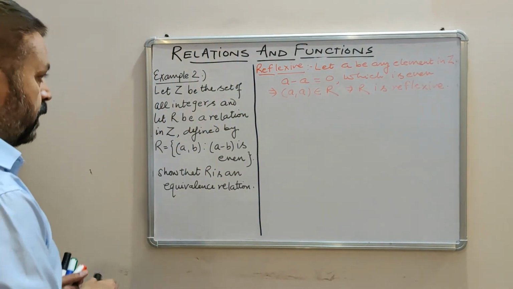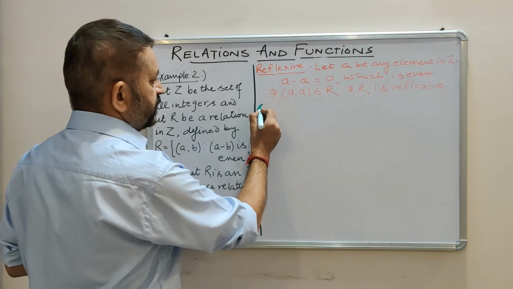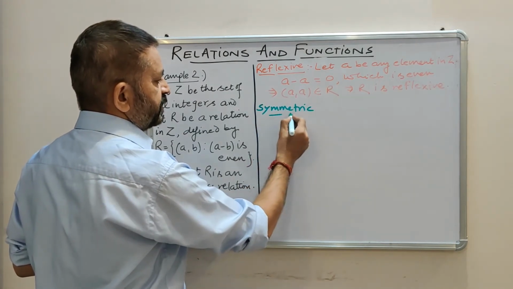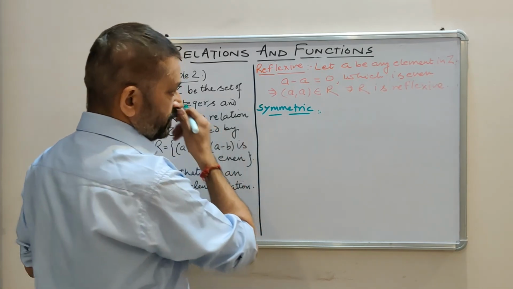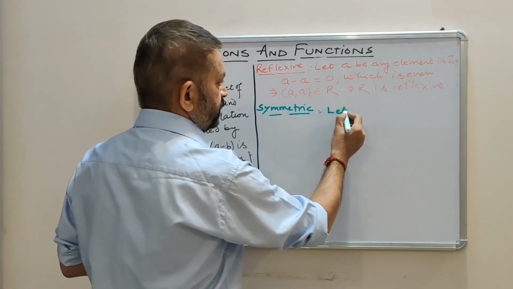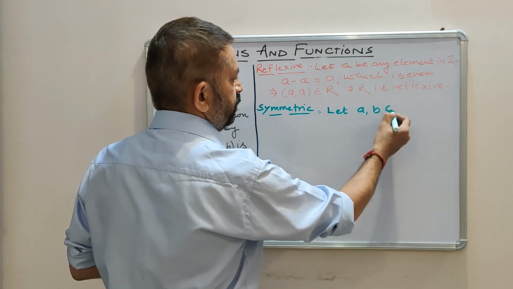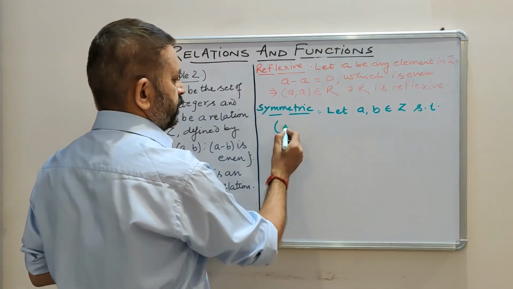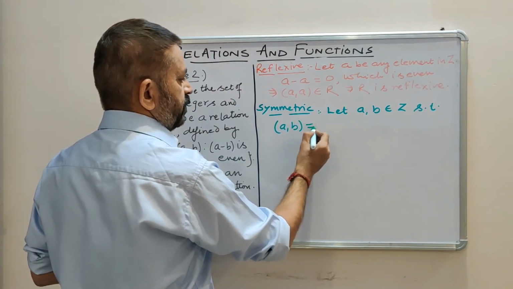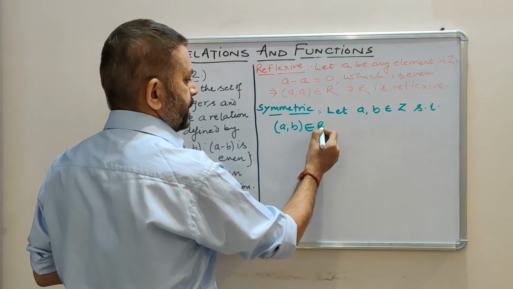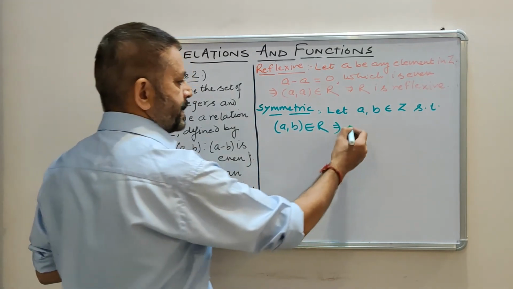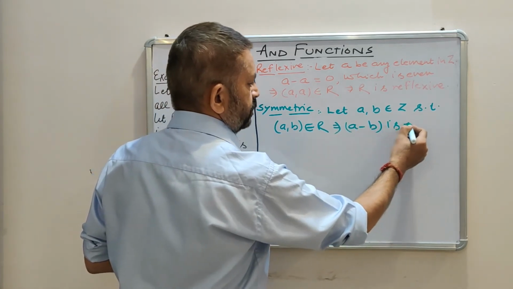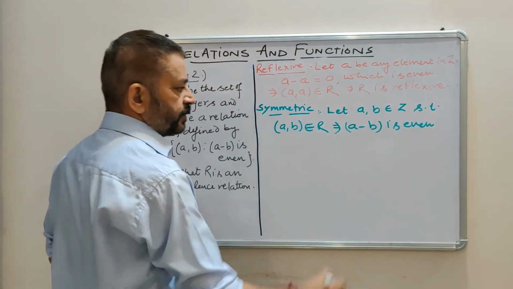Now, the second relation is symmetric. We'll check whether it is a symmetric relation or not. For this, let a, b belongs to Z such that (a, b) belongs to R. It means a minus b is even as per the definition.